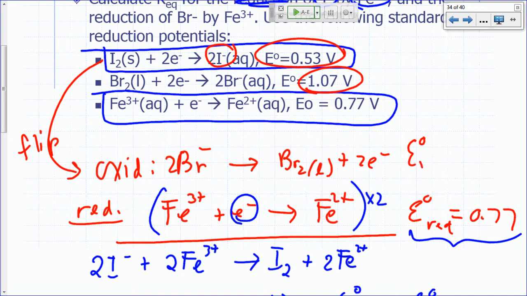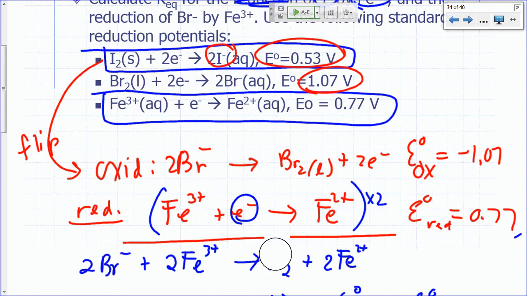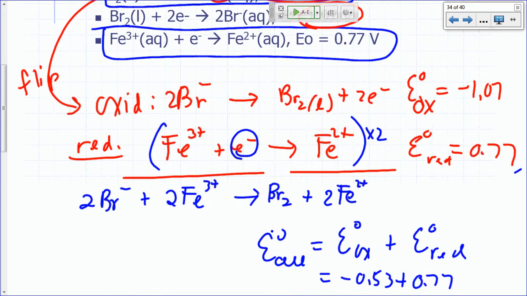The oxidation potential for this is negative 1.07. So when you add up the two, what do you get? Instead of iodide here, you're going to have 2 bromides. And instead of I2 over here, you're going to have Br2.